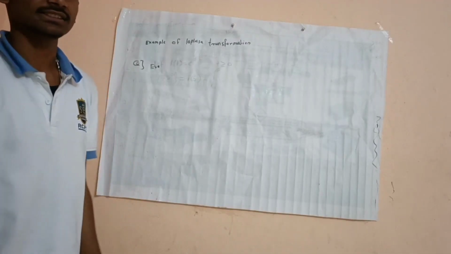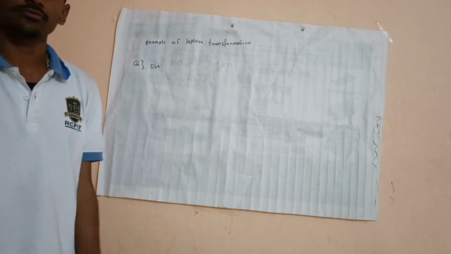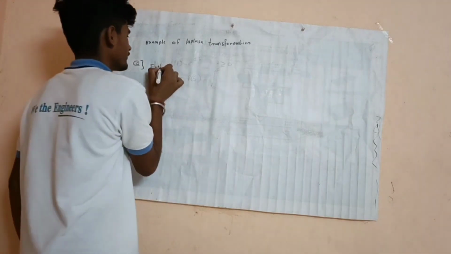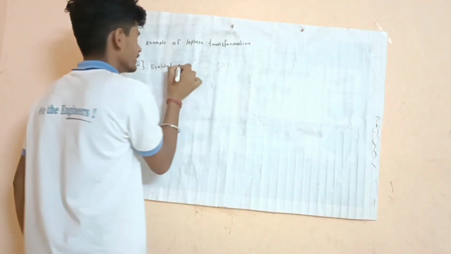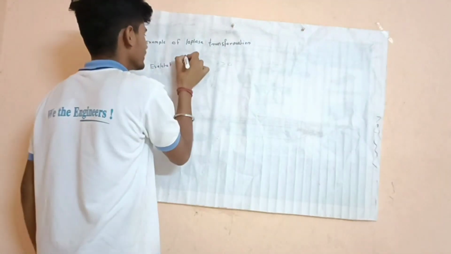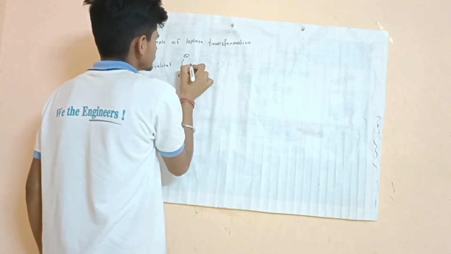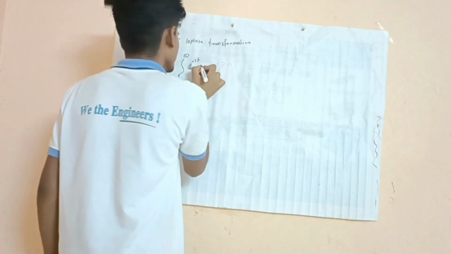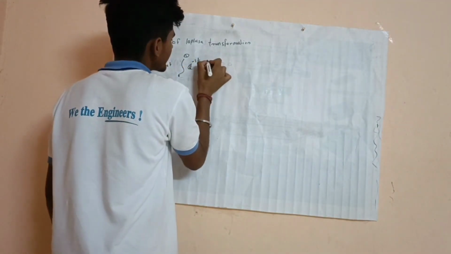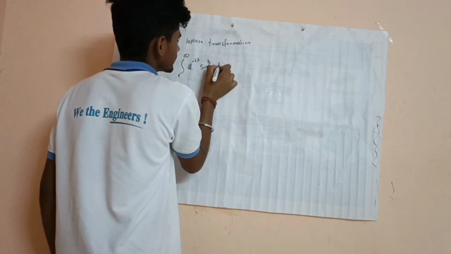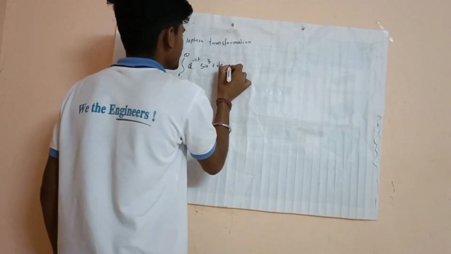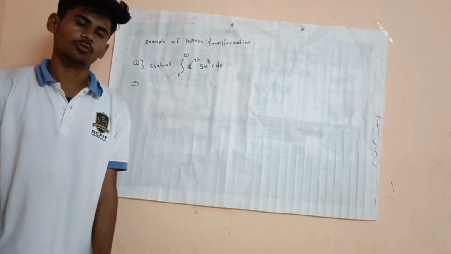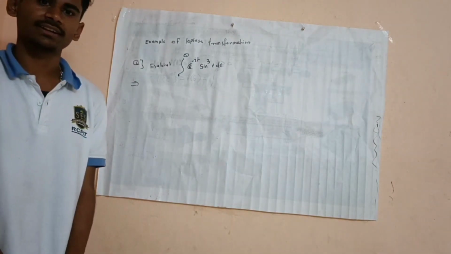So we can see one example of Laplace transformation. Integral from 0 to infinity of e raised to minus 2t into sin cube t dt. So we know the formula of sin 3t.